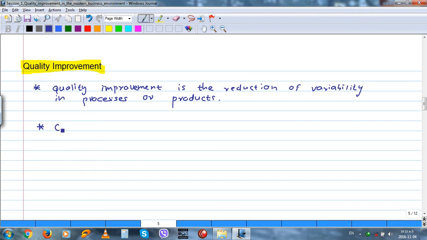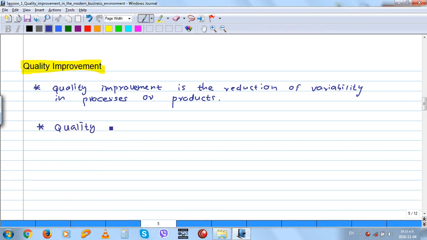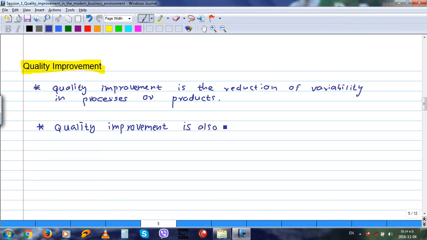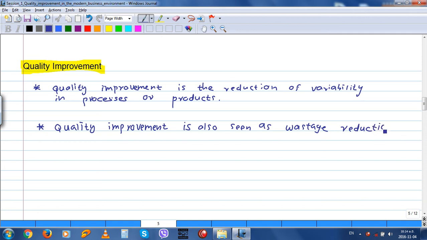So quality improvement is also seen as wastage reduction, right?